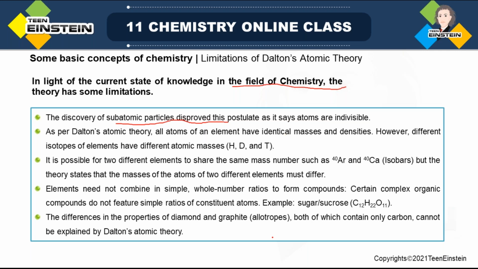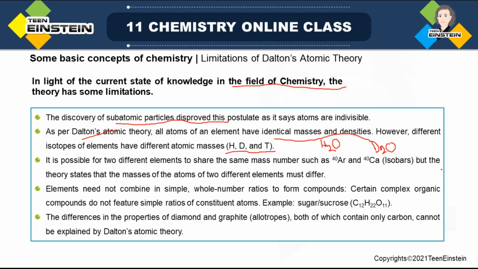Now the second point, as per Dalton's atomic theory, all atoms of an element have identical masses and densities. But that is also not always true. Though we can say that mostly it is true, it is not always true. It is not true with isotopes. Just take the water molecule, we know the formula is H2O. But another molecule is also water, where hydrogen is replaced by its isotope, deuterium.